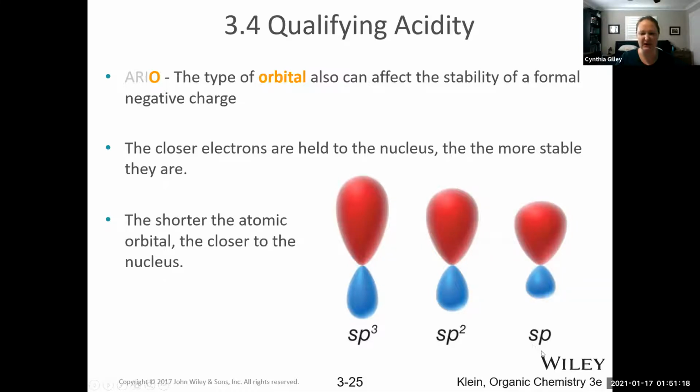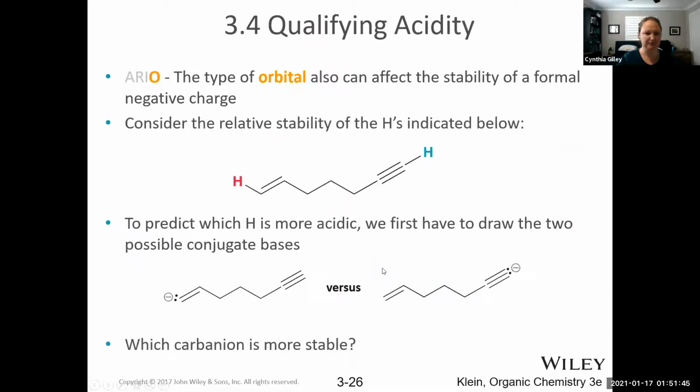In fact, it has 50% s character because it's made up of one s and one p, so it's going to more closely resemble an s orbital, which is a spherical orbital around the nucleus. So it's a little bit shorter, and thus the electron density would be closer to the nucleus than it would be in an sp2 or an sp3 hybridized orbital.